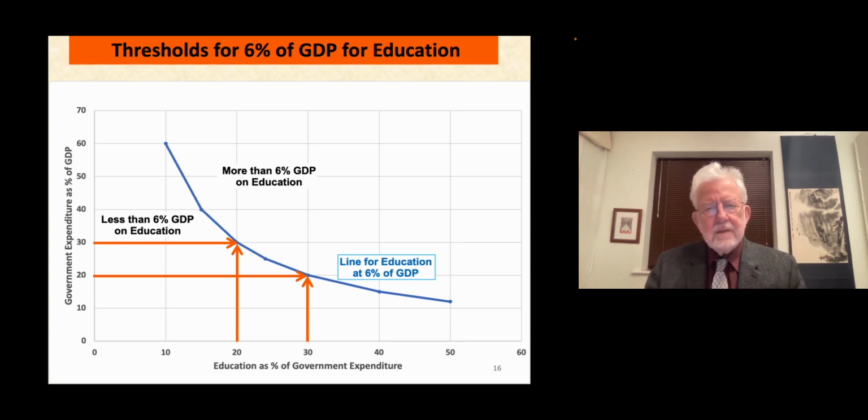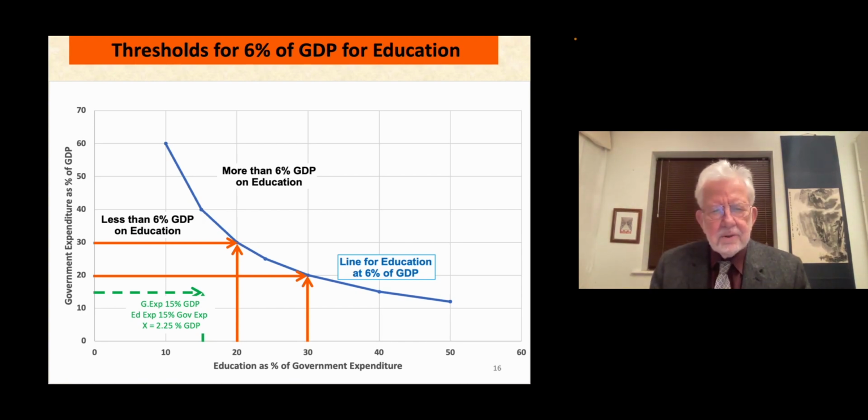That would also give you 6%. What you can't do, though, is this. You can't have government expenditure of 15% and education expenditure of 15% of government expenditure, because 15% of 15% is 2.25%, which is a huge distance away from 6% of GDP.